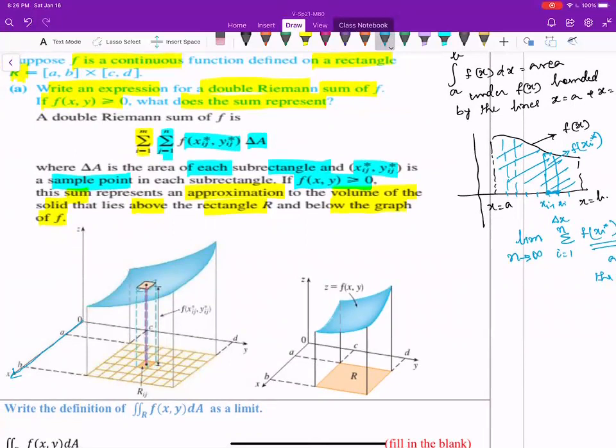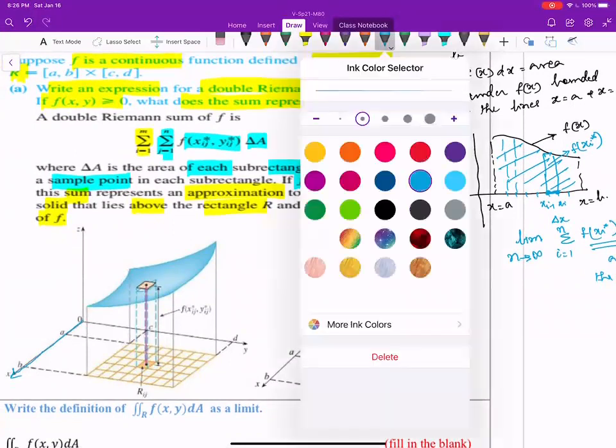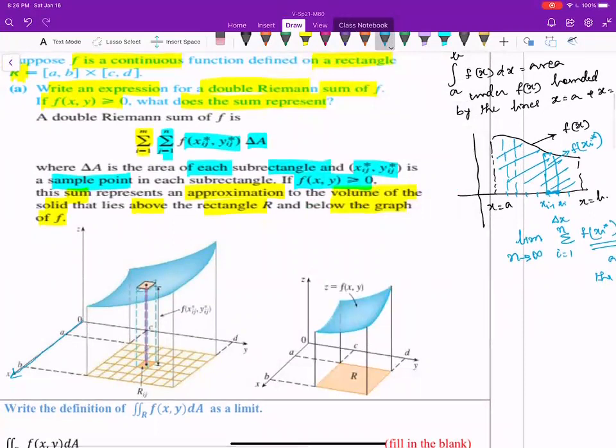The rectangle is shown in the second figure as R, and then we divide the x-axis from a to b into m subintervals. Then we divide the y-axis, which is c to d, into n subintervals. So you get smaller rectangles like this.